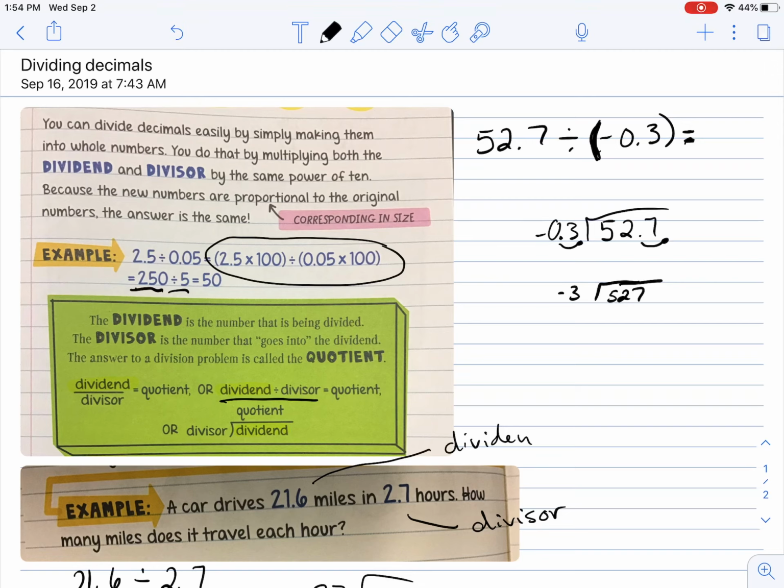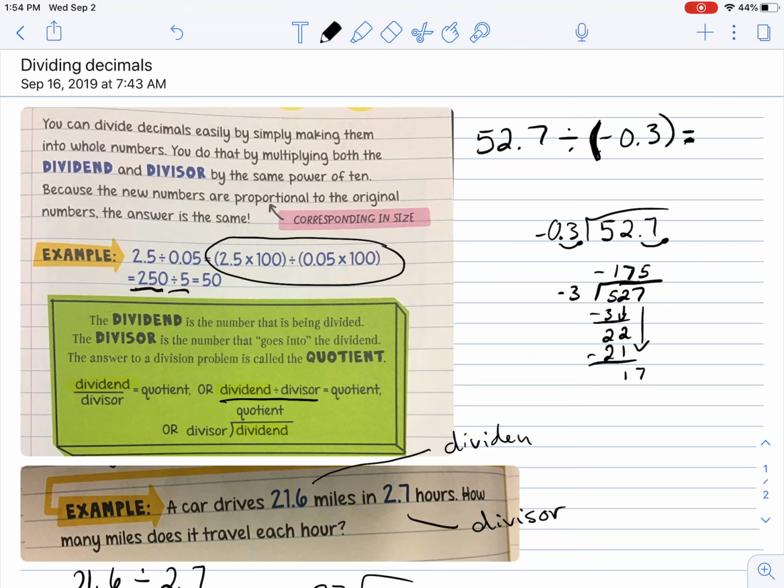We bring down our next value, 2. 3 can go into 22 7 times, which is 21. The remainder is 1. Bring down our next value, 7. And 3 can go into 17 5 times, which is 15, and that leaves 2.